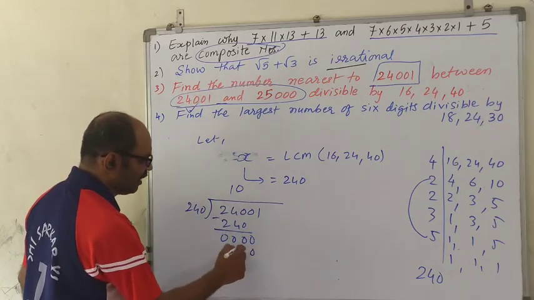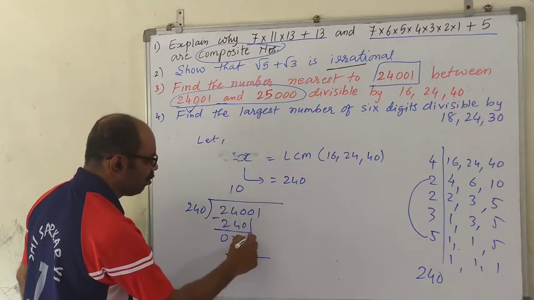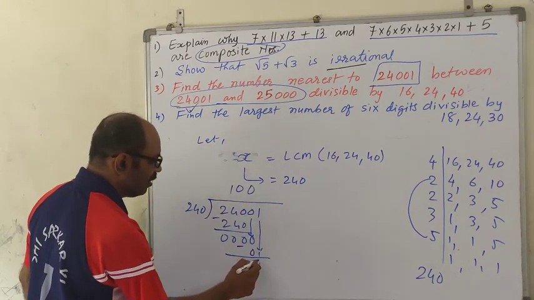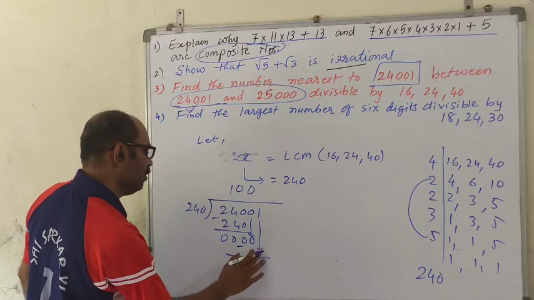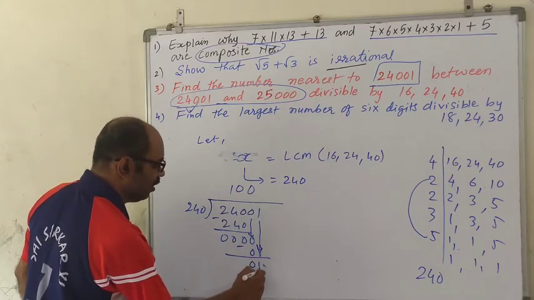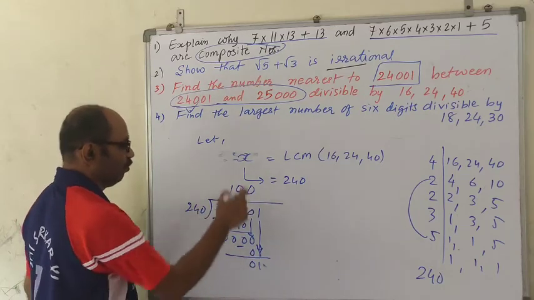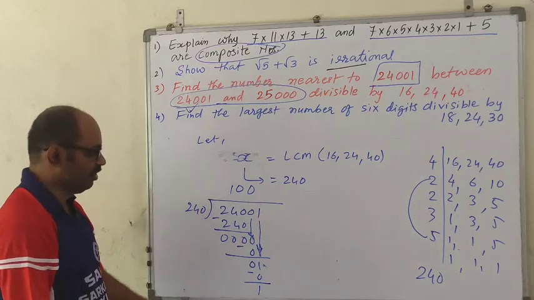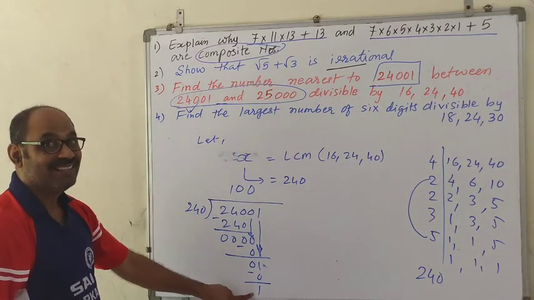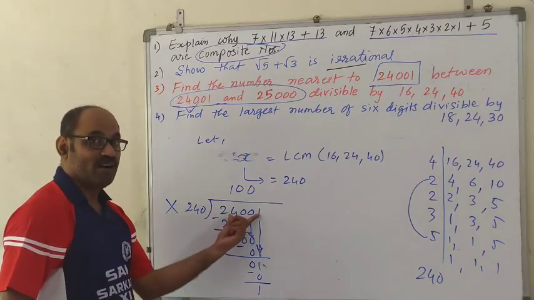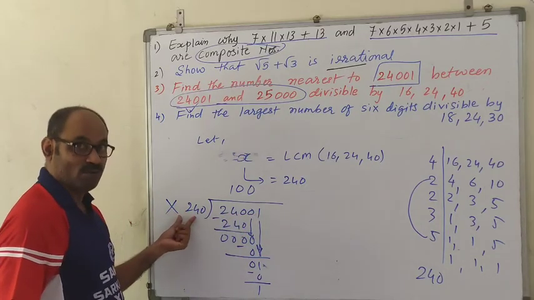So 240 zeros are 0, subtract. Bring this down, now bring this down, still not divisible. Zeros are 0, this subtraction is 1. Now I am bringing down this 1. Not divisible. So 240 zeros are 0. Now there are no more digits to be brought down. So division is over. The remainder is 1.